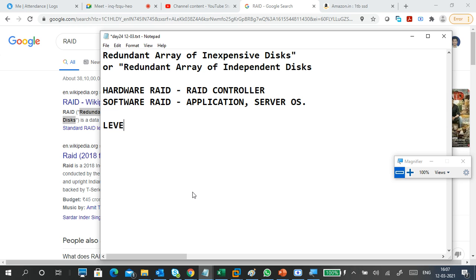RAID levels: first is RAID 0, then RAID 1, RAID 2, and RAID 5. That's it actually, and I'm going to RAID 6 also. I will give you a small information. RAID 0 is nothing but your striped volume. RAID 1 is nothing but a mirror.